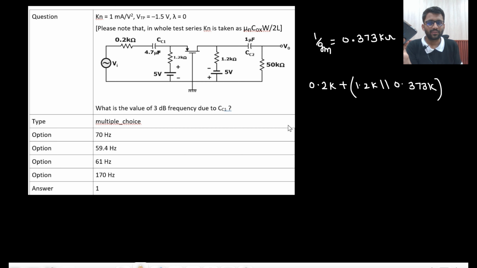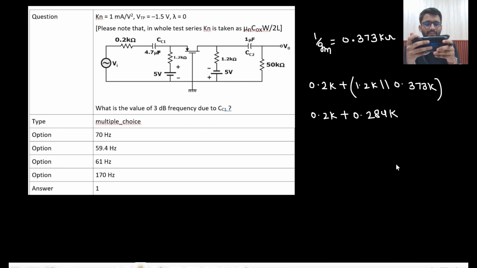Across CC1, and you need to find it in hertz. So this is 0.2 kilo ohm, plus the parallel combination: 1.2 into 0.373 divided by 1.573, which is 0.284 kilo ohm.